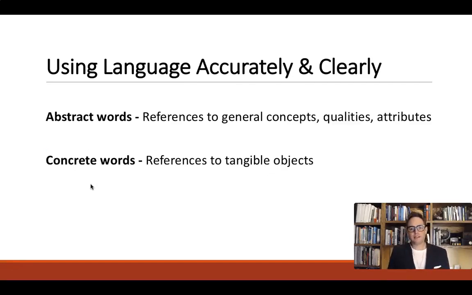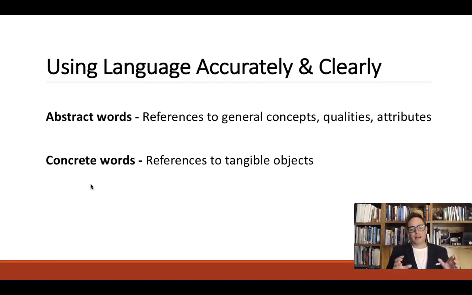So let's go ahead and look first at using language accurately and clearly. Essentially, there are two distinct categories. There is the abstract on one end of the continuum, and then there are concrete words on the other end of the continuum. So abstract words really reference general concepts, qualities, or attributes.